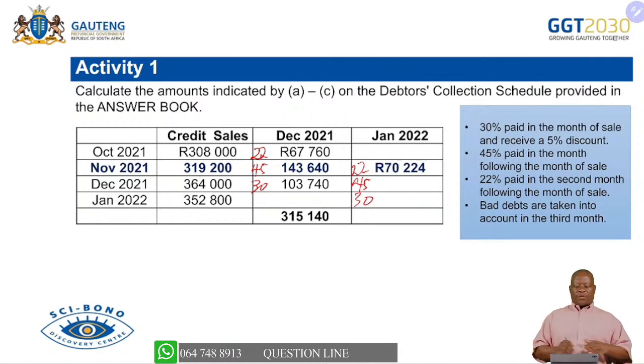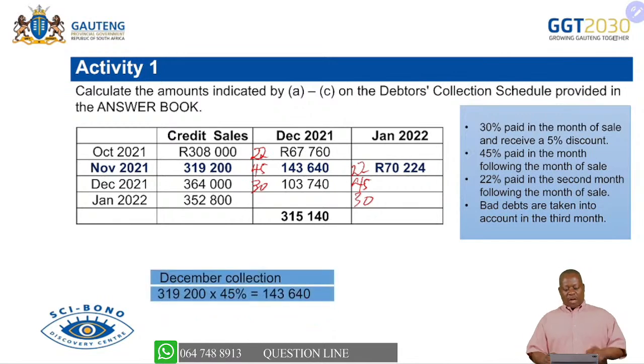So we are dealing with November. So we now know when it comes to collection in December for the month of November, we are going to have our 319,200, we multiply by 45%. And you see where the 45% is coming from now. That's the second collection. And then we are getting 143,640. Straightforward.